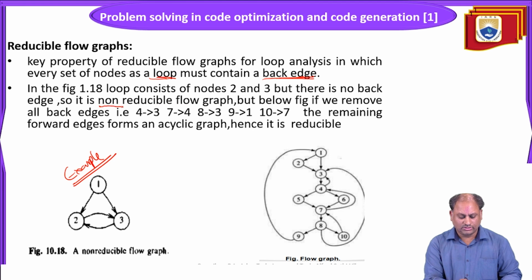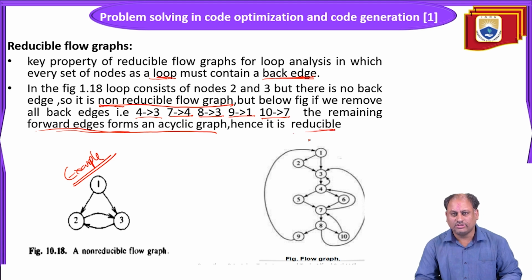What is a non-reducible flow graph? One with no back edge in the loop. If you remove the back edges, that is 4 to 3, 7 to 4, 8 to 3, 9 to 1, 10 to 7, the remaining forward edges form an acyclic graph. Hence, it is reducible. That means we are making a non-reducible graph into a reducible flow graph.